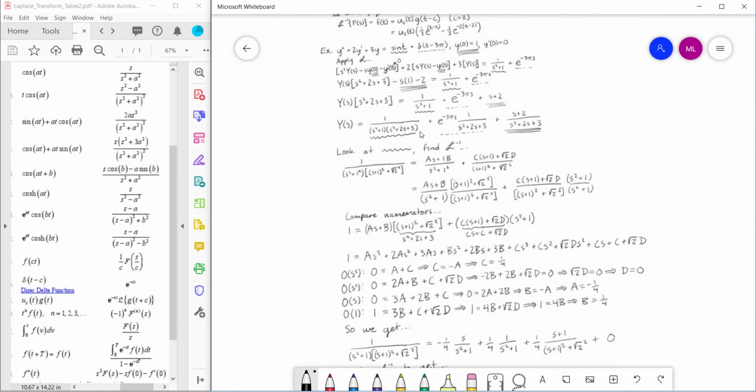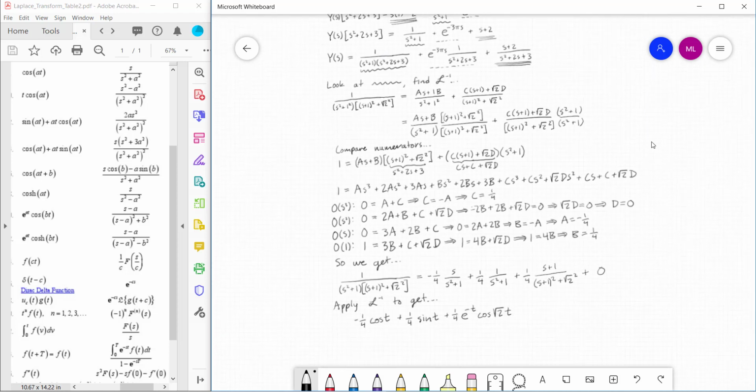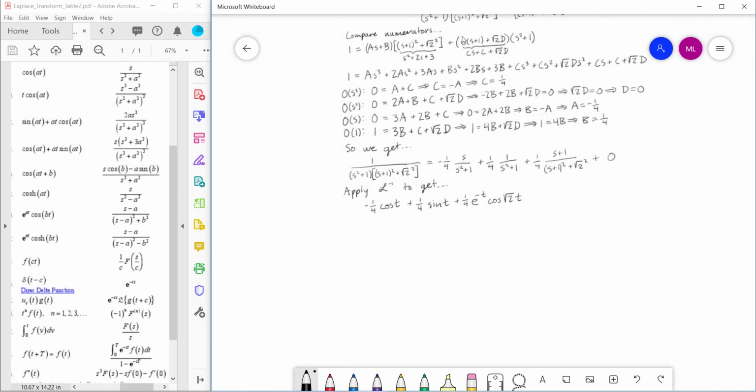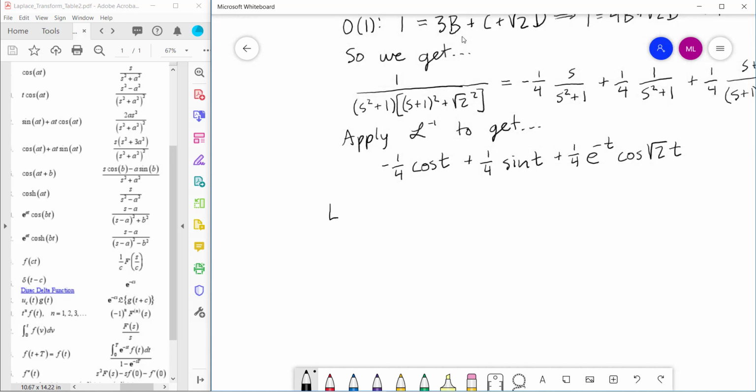Unfortunately, that's the only one piece that we've dealt with. We still have to deal with these other two pieces, so let's focus on one of them now. Let's look at the dashed line one. It looked like e to the negative 3 pi s times 1 over s squared plus 2s plus 3.